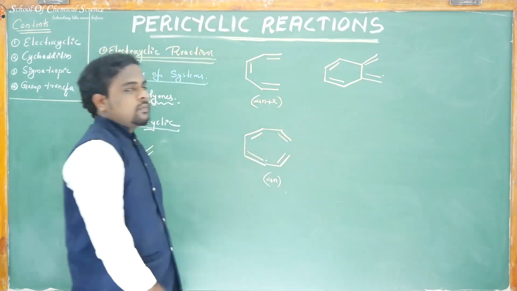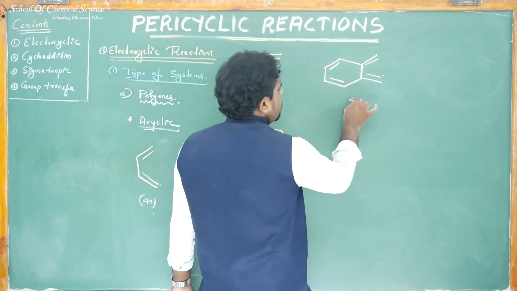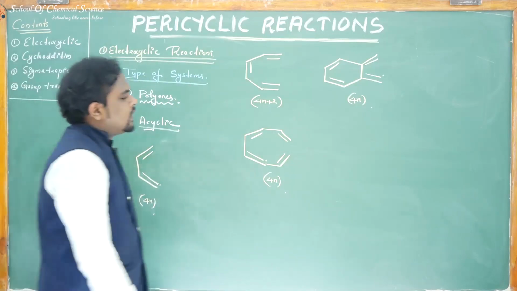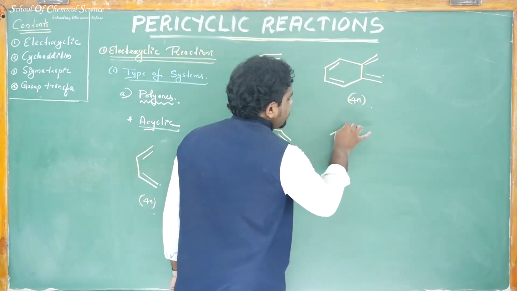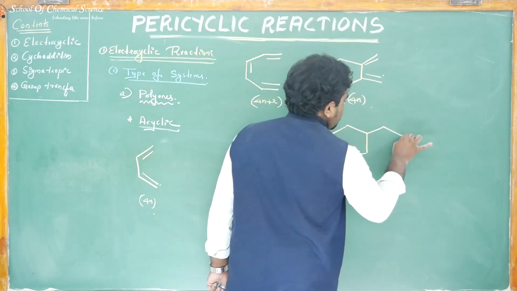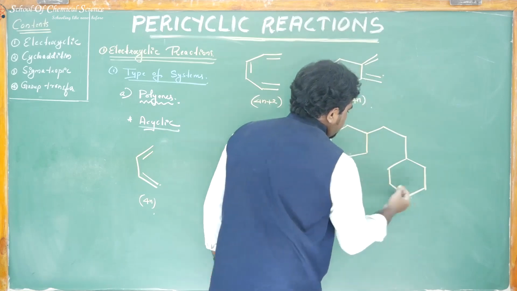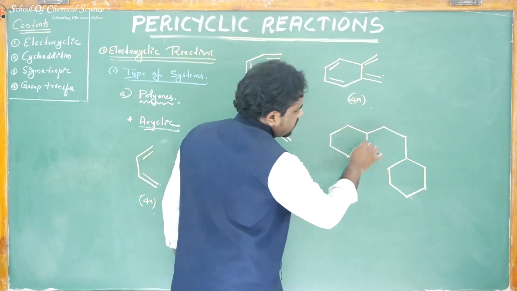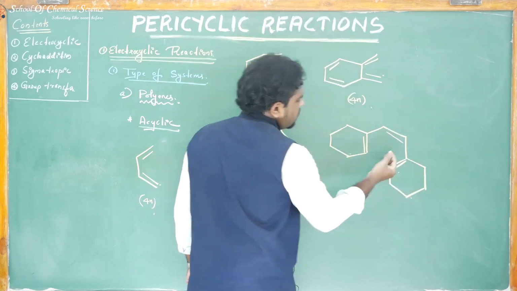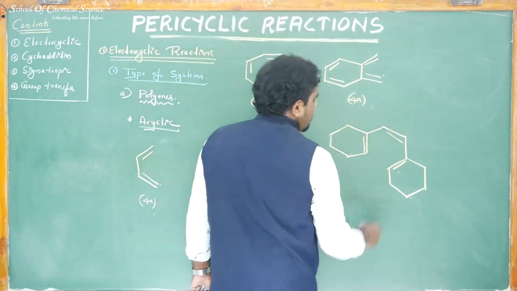How many pi electrons are present? This is also a 4n system. Another example, how many pi electrons are present? 2, 4, 6 pi electron.